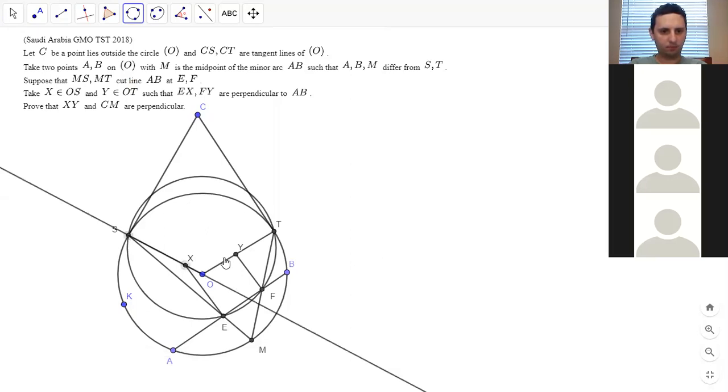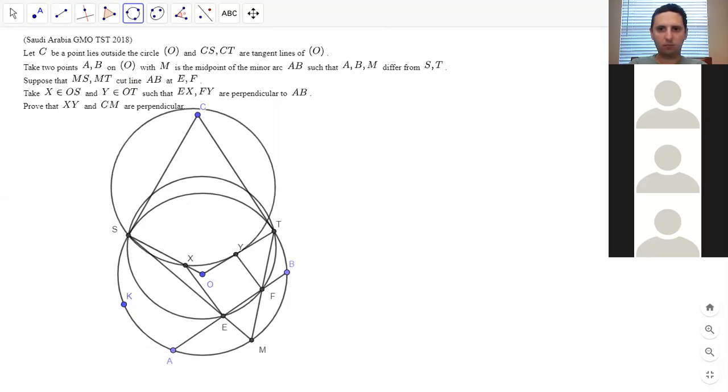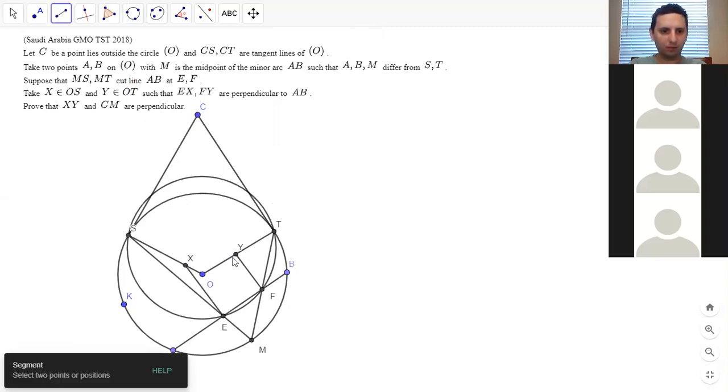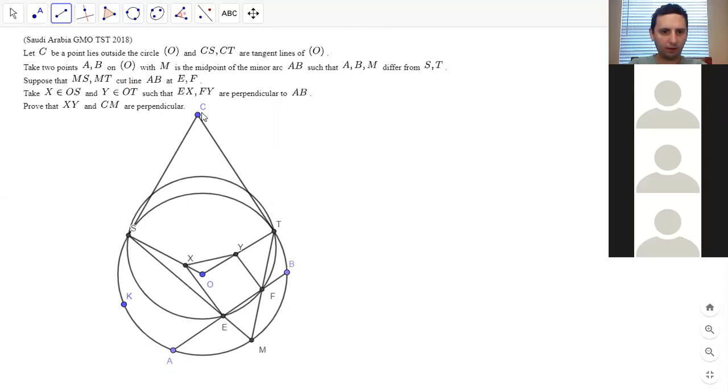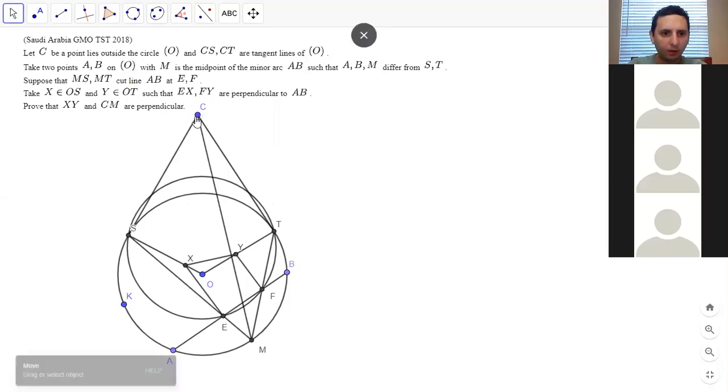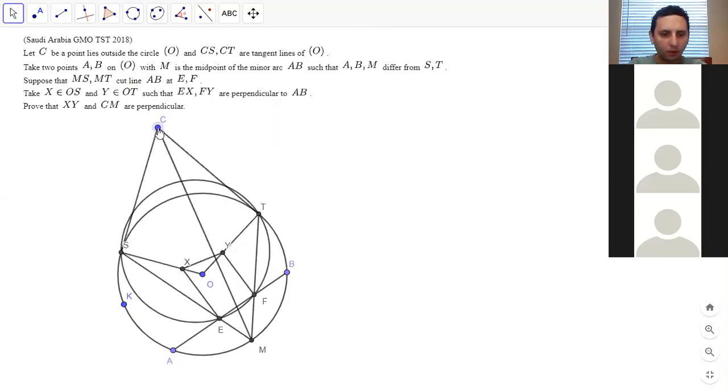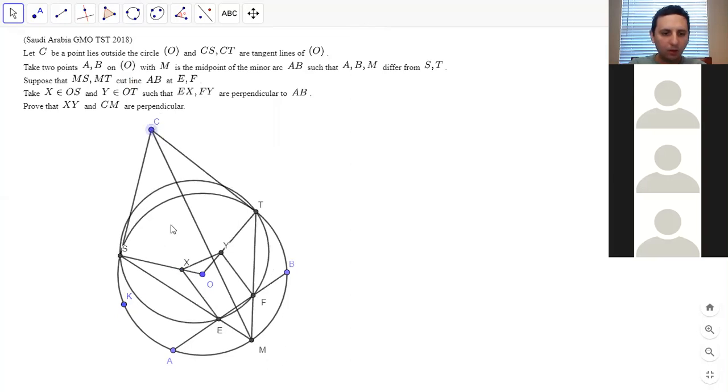Wait, can you check if the problem is right? Because I think in my diagram it isn't right. Let's see. You move points A, B, M around a little bit.